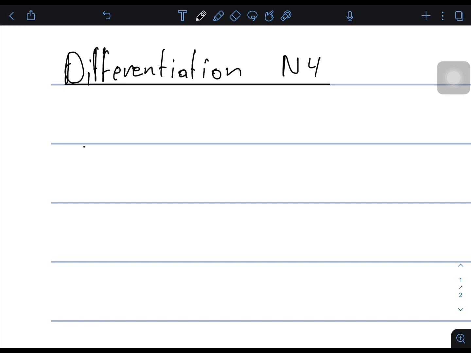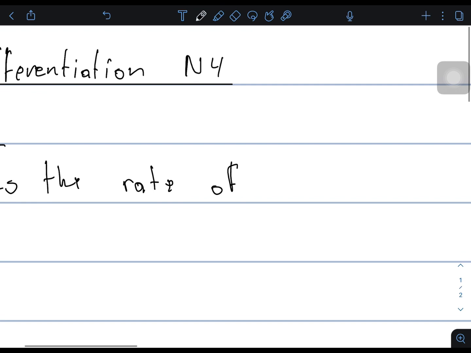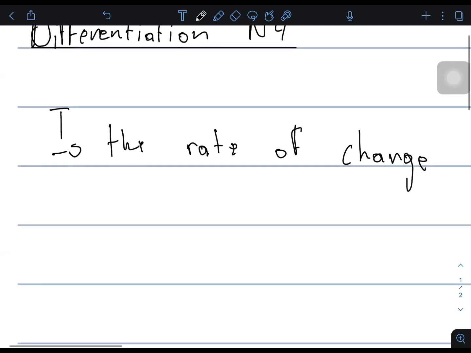Differentiation, guys, is the rate of change. Sorry, the rate of what? Of change. That is it. The definition of differentiation in simple terms is the rate of change of one variable with respect to the other variable. What do I mean?